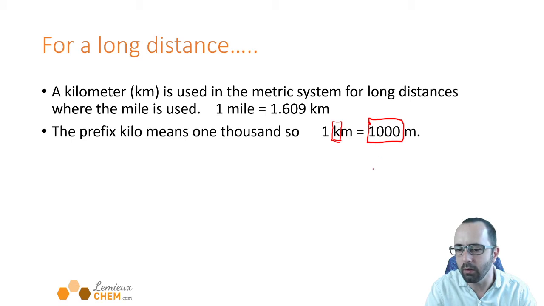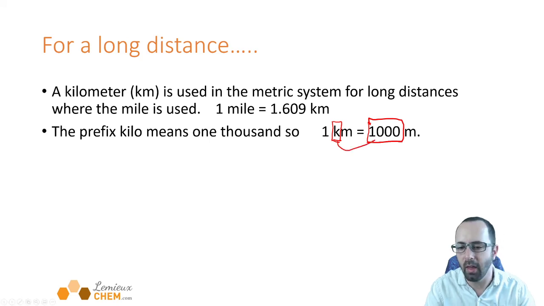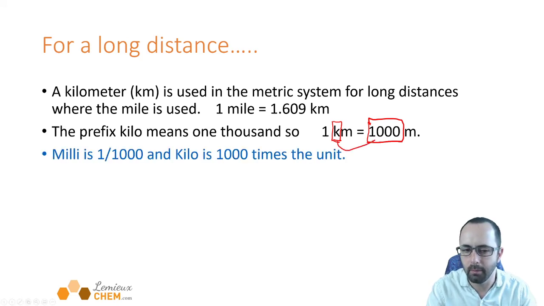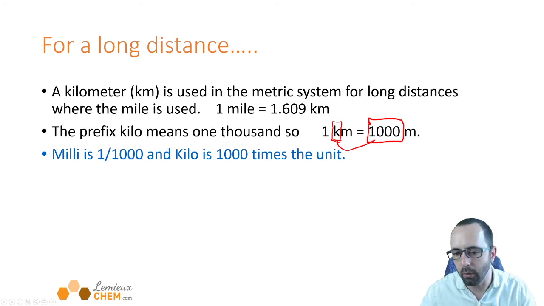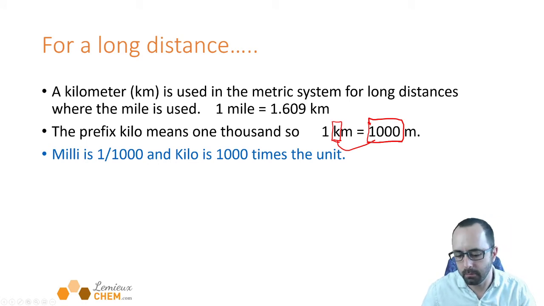Kilometer means 1,000 meters. Okay, and there's a similar thing that goes for centi and milli that I'll show you in a moment. So milli actually means 1/1,000th. So milli is 1,000 times smaller. Kilo is 1,000 times bigger.